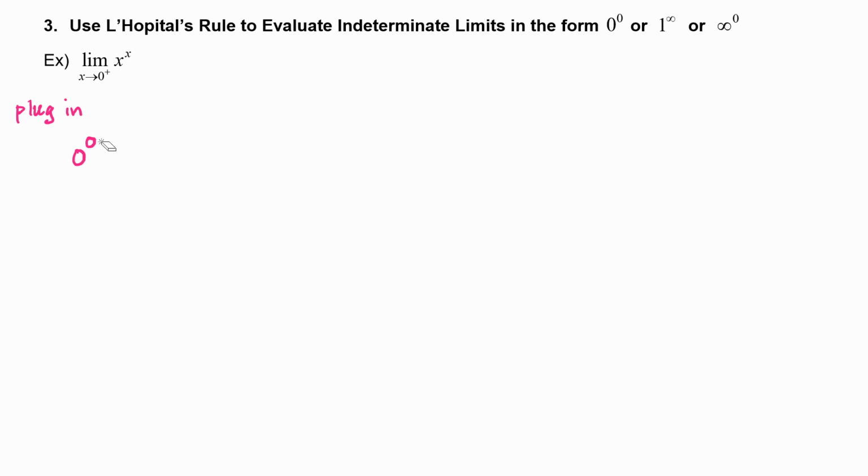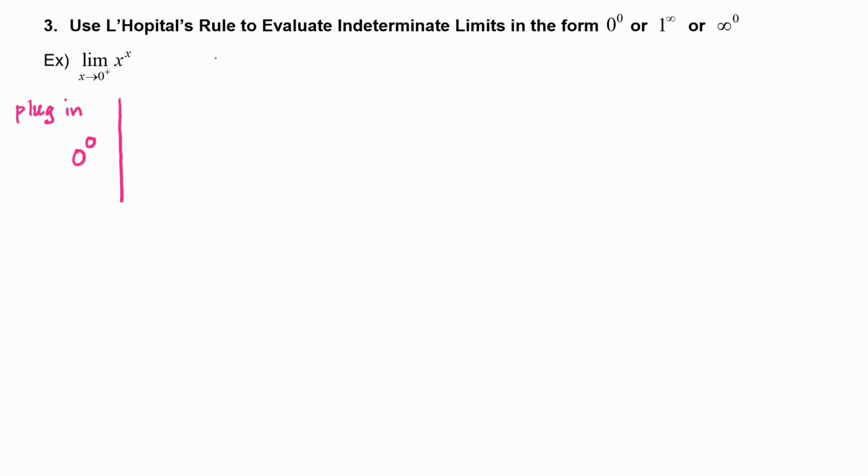But when the exponent is 0, it's trying to make the entire expression 1. So there's a war going on between the forces trying to drive the expression to 0 and the forces trying to drive the expression to 1. So we have to do a little bit of work here to see what's going to happen.